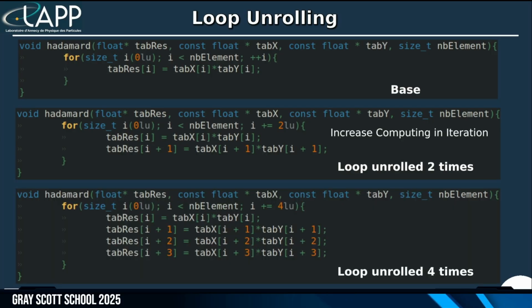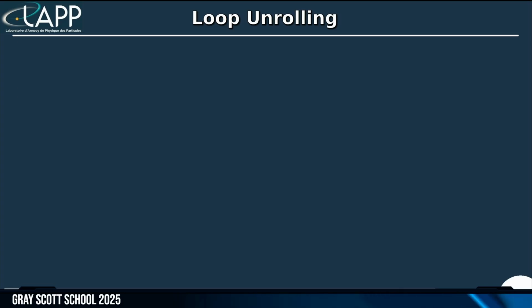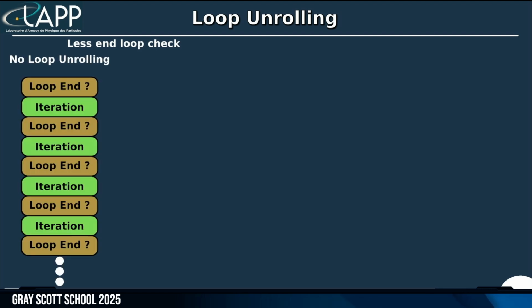And you can also unroll 4 times more, in fact, if you ask the compiler gently, and you increase the body of the loop, and more important than that, you diminish the number of times you check if the loop ends. So without unrolling, you check if you are at the end of the loop, and then you do an iteration, and you check again if you are at the end of the loop, and you check again, etc.